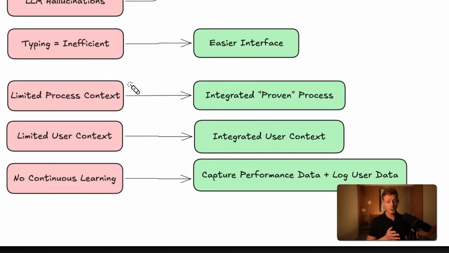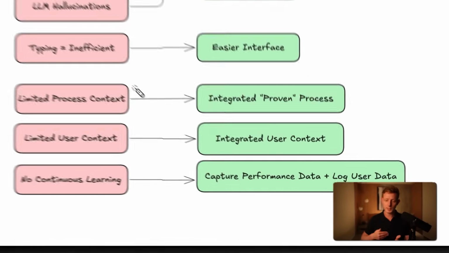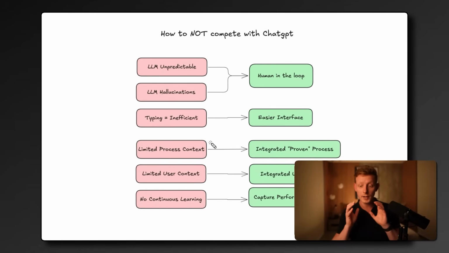Then we also have a problem of having limited context inside of ChatGPT, both on the specific process you're trying to execute. So let's say, again, we take our SEO as an example. ChatGPT might not know exactly what the best way to do SEO is, right? It might not have all the context around what the best process is around doing SEO, or the context on how to do SEO for your company, right? And the second big downside there is it also has limited user context, right?